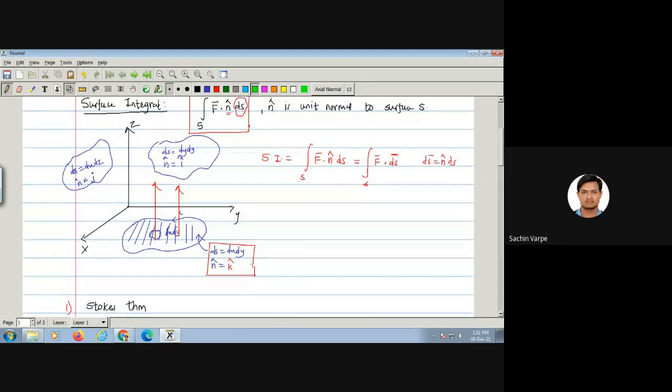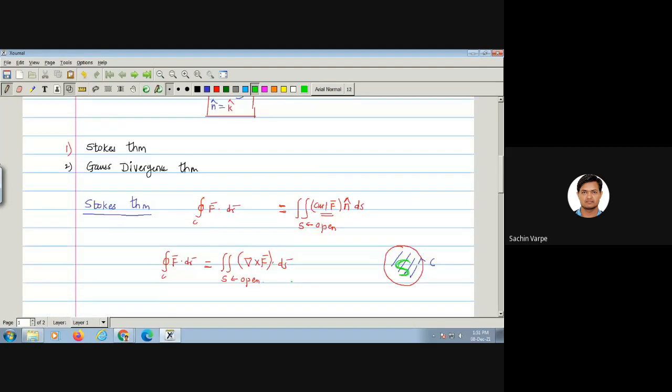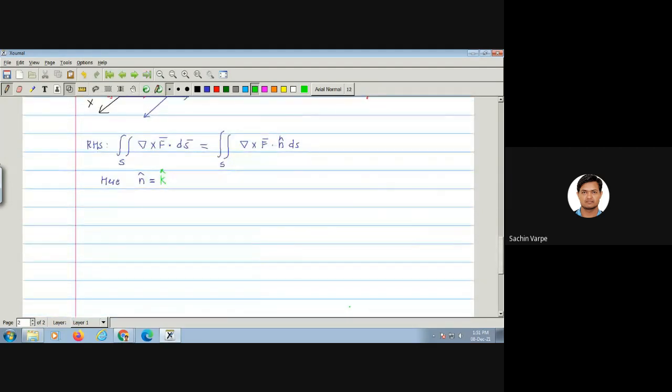Then n cap is k cap and the area element is dx dy. So the right hand side becomes double integration of del cross f bar dot k cap dx dy over the surface.